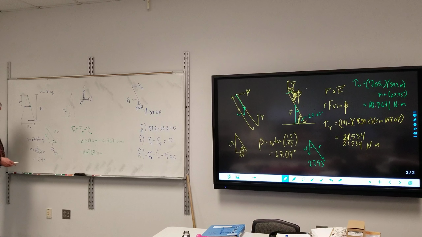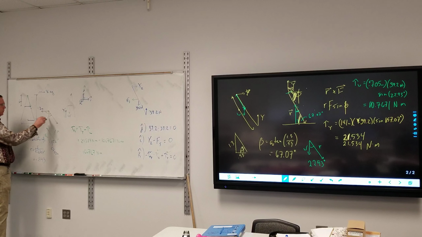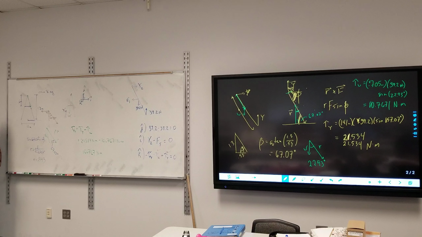All right, so my radial vector is that way. My force is that way. I need to find that angle. Well, I know this angle here, that was done already, that was the 22.93. I know that is a right angle.